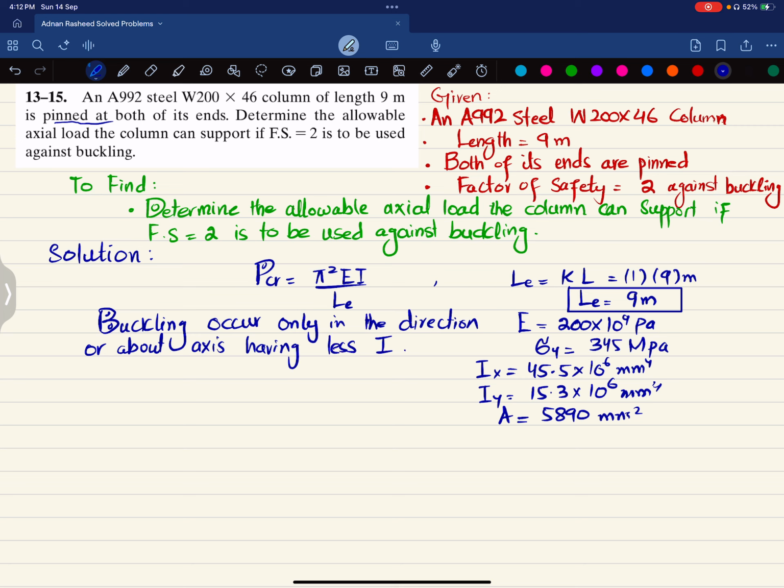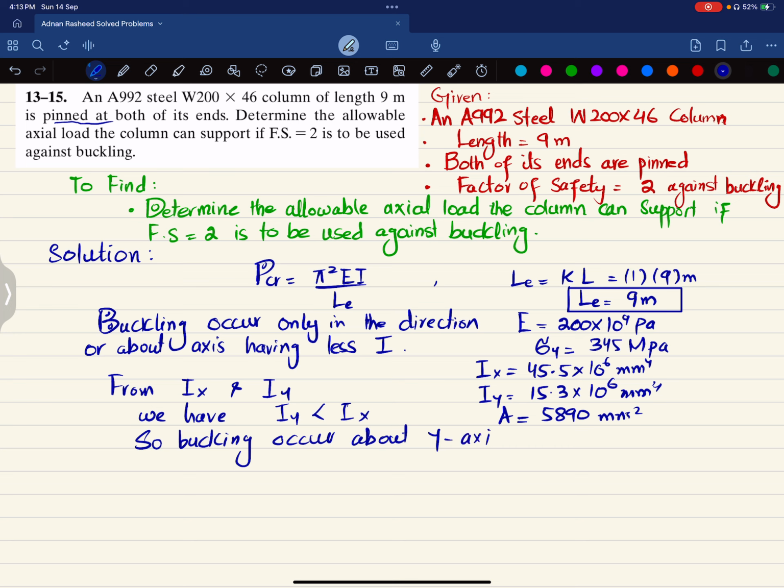So from Ix and Iy, Iy is less than Ix, so buckling will occur about the y-axis. So we will take the moment of inertia Iy equal to 15.3 into 10 raised to the power 6 millimeter to the power 4.